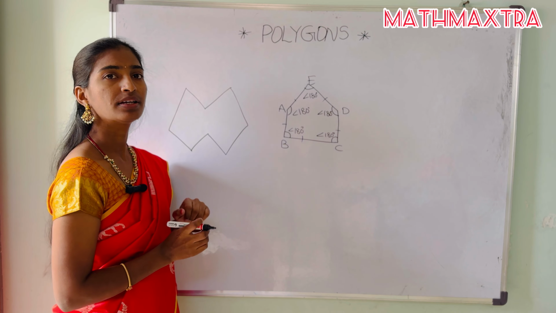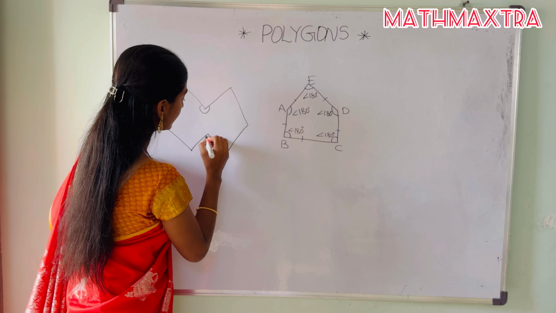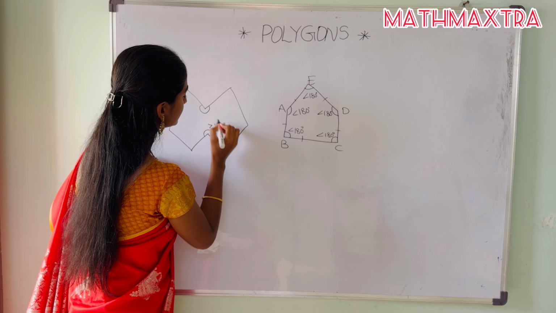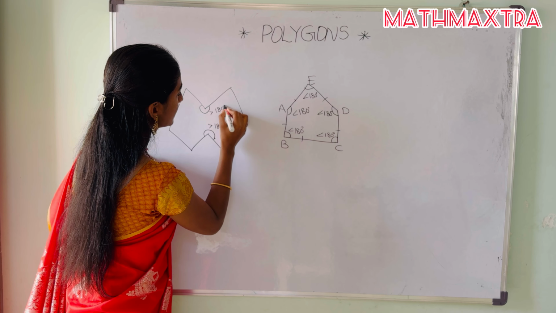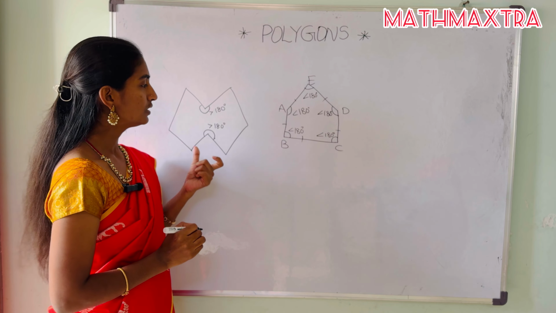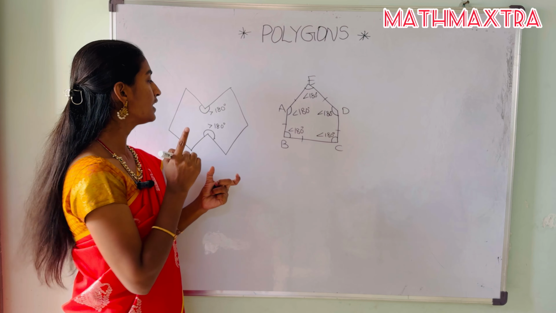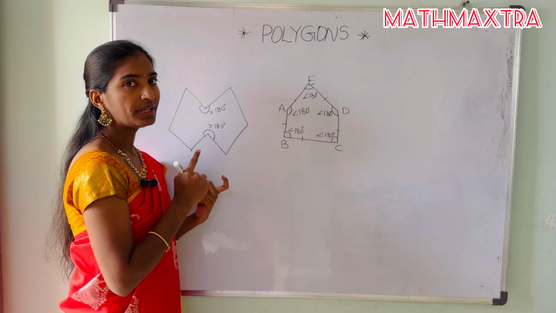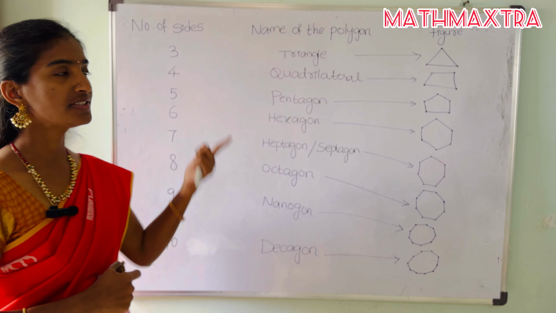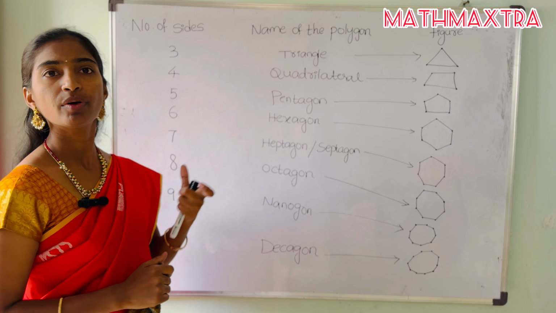But look at these two angles. These two angles are greater than 180 degrees, isn't it? This angle is greater than 180 degrees. This angle is also greater than 180 degrees. So if at least one of the interior angles is greater than 180 degrees, then we call this polygon a concave polygon.